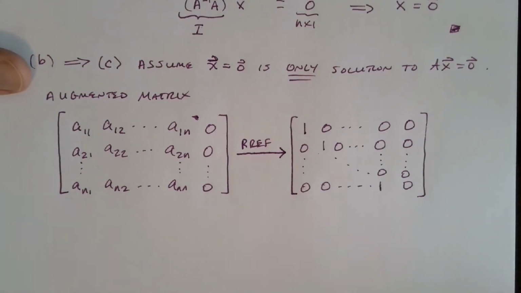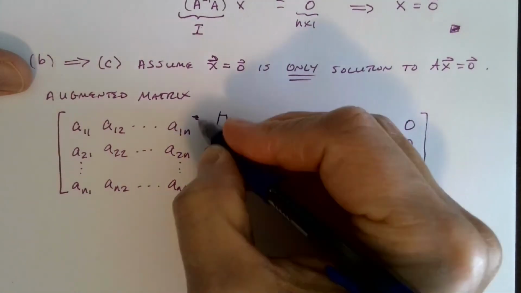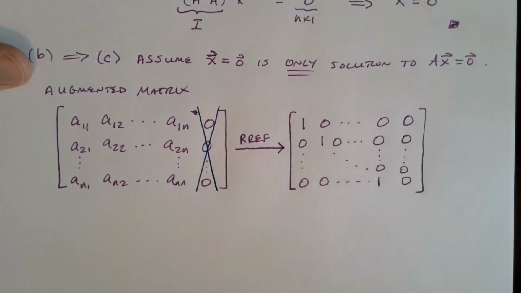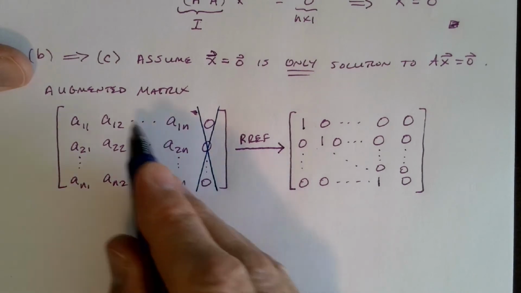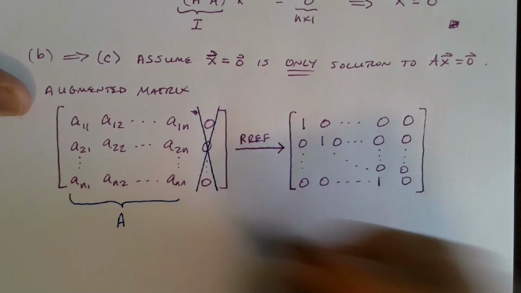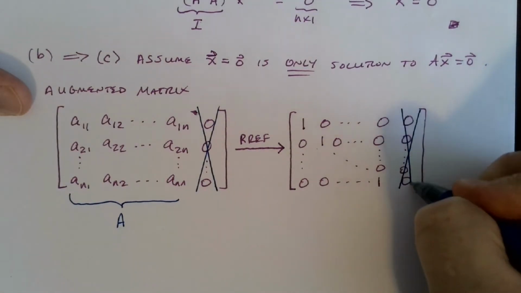But what I just want to show is what would happen if I were to eliminate this column of zeros in this process. Well, the reduced row echelon form for what's left, and notice what's left is just the matrix A, is clearly the same, except we've cut off that column.